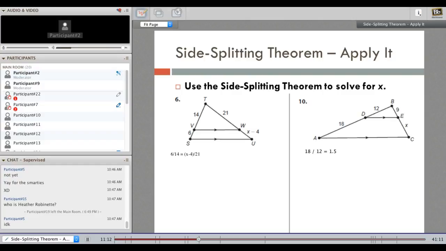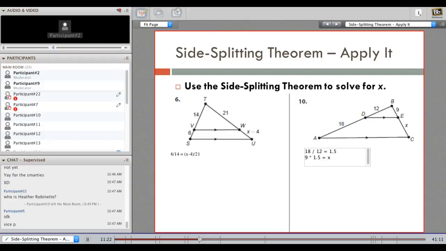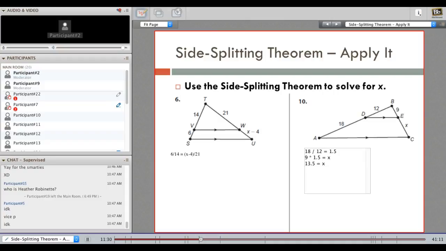And I'll take it off of follow again if you need to go back a couple slides and look at that theorem one more time, okay? So give it a shot.